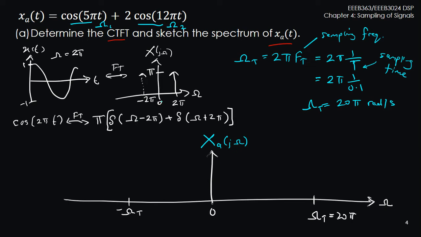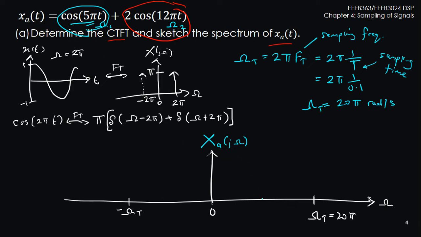So to draw out our two spectrums, there's the first one and second one. Let's handle the first one, omega 1. You can see here the frequency is 5 pi.